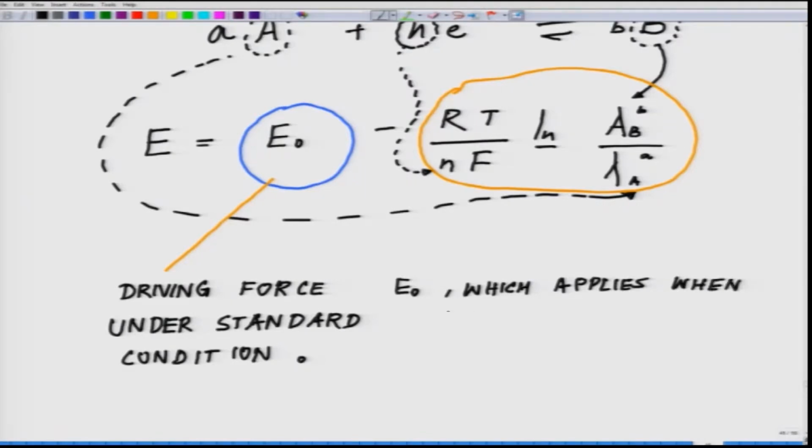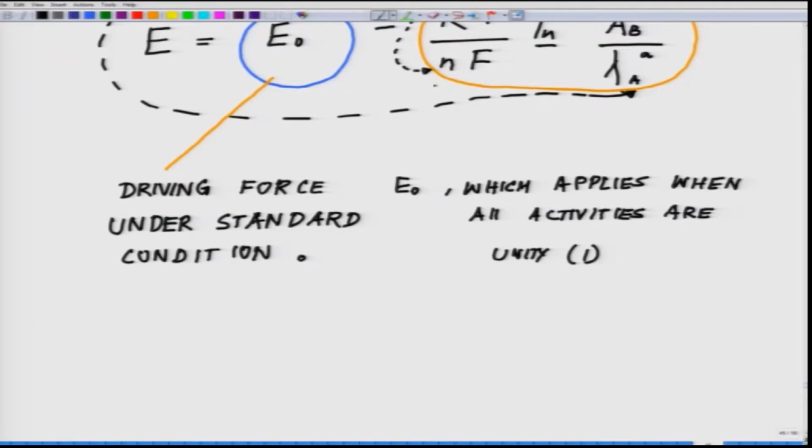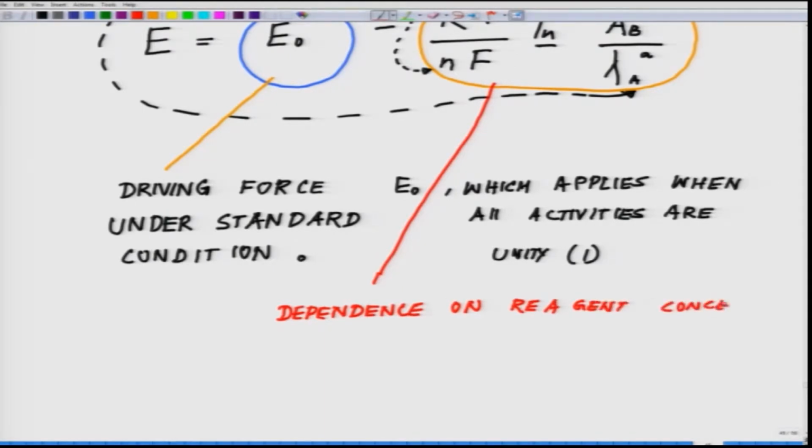We have already talked about it. And the second term, which is this term, shows the dependence on reagent concentration. Now, what does that physically mean?